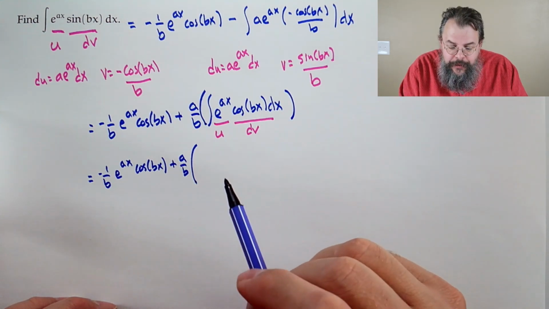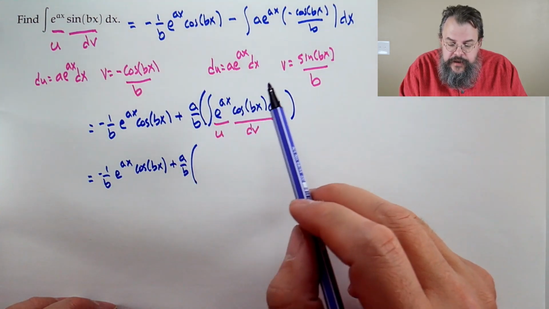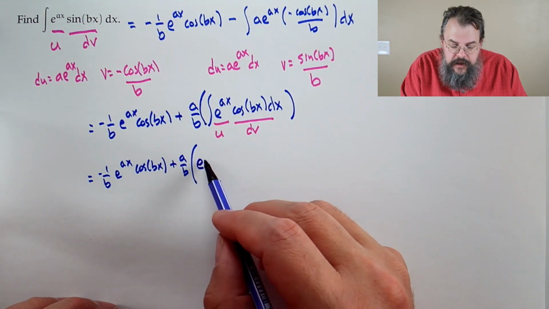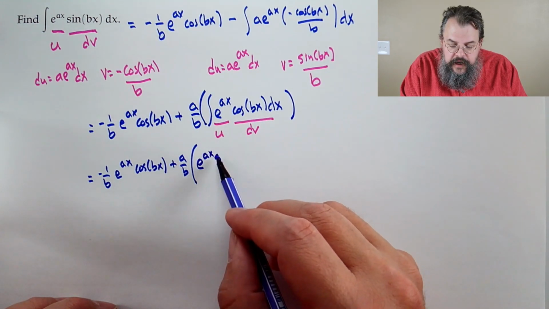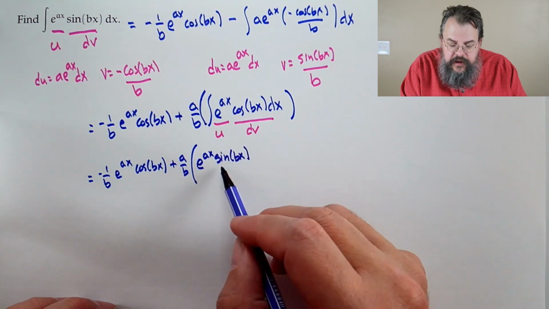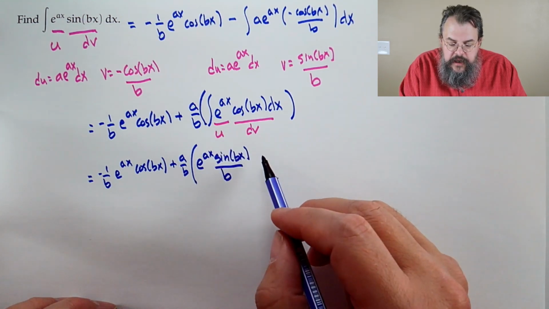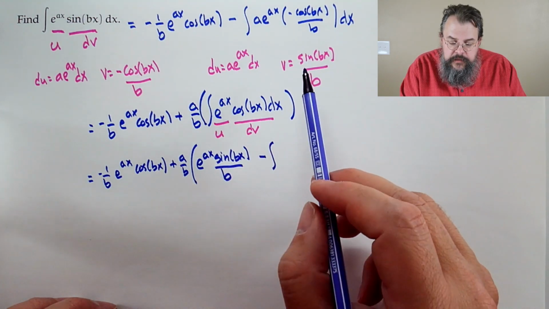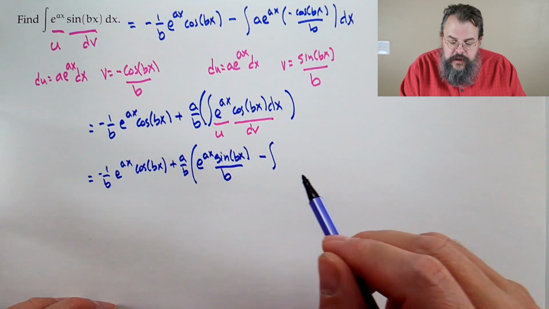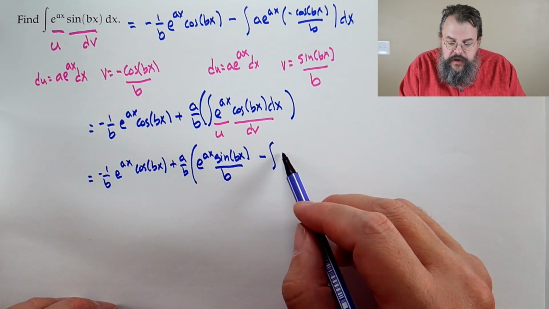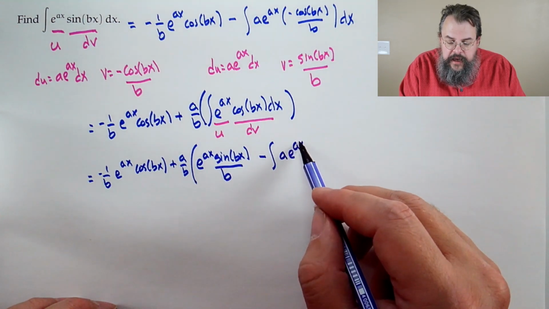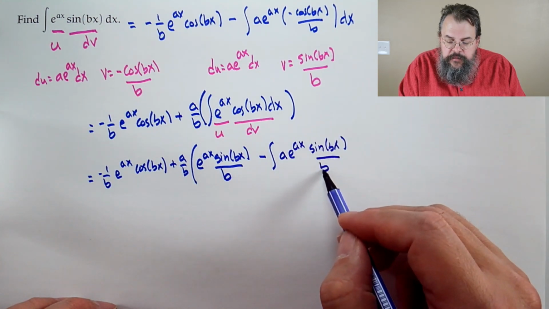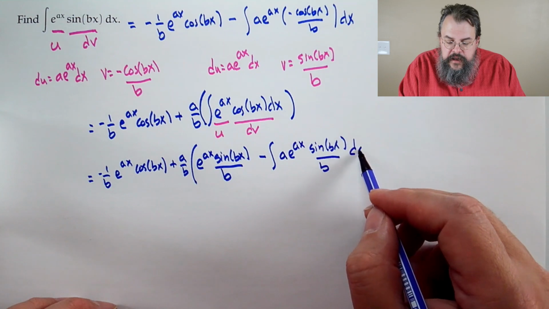Okay, so what do we have? u times v. So that'll be e to the ax sine of bx divided by b, and then minus the integral of v du. So that'll become an a e to the ax sine of bx over b and then dx.